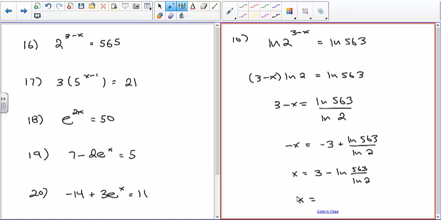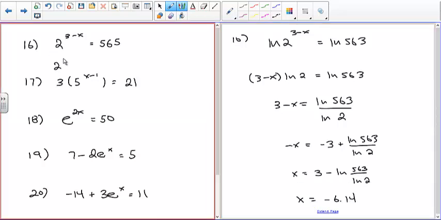So plug that in. 3 minus the natural log of 563 divided by the natural log of 2. So I get negative 6.14. So let's check out 16. Plug in 3 minus x, where x is negative 6.14.